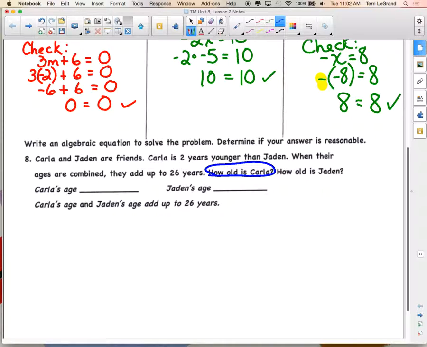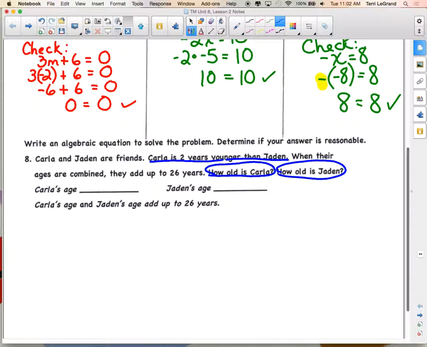Okay, so should we underline that? Remember, we underline that because that's not the question. The question is what we circle. So Carla is 2 years younger than Jaden. Okay, anything else? How old is Jaden? It looks like they got 2 questions for us this time.